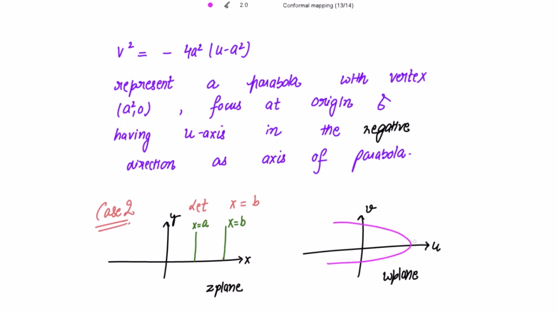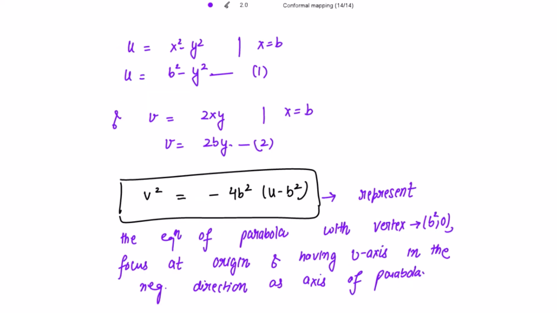For x equal to b, this is the point b square comma 0, and this is your equation of the parabola v square equal to negative 4b square into u minus b square. Is that clear? Yes? Okay. So this equation represents a parabola with vertex b square 0, focus at the origin, and having the u axis in the negative direction as the axis of the parabola, right?